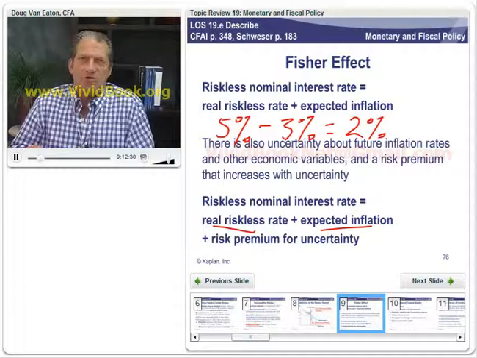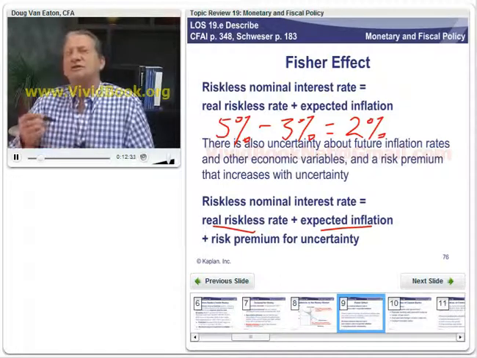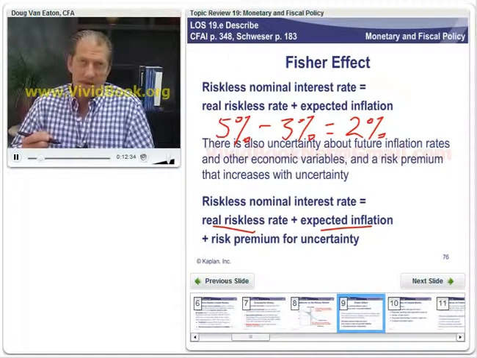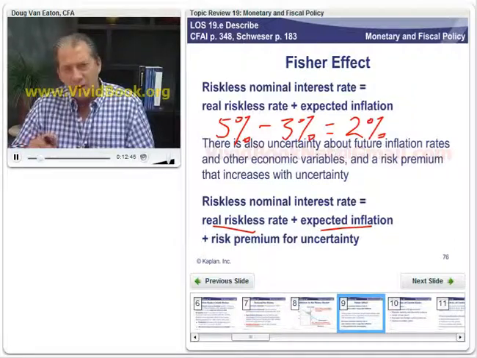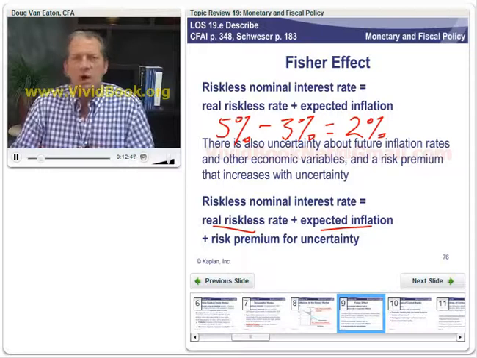Purchasing power risk. Uncertainty about how much stuff you're going to be able to get at the end of the period, or how much more stuff you'll be able to get at the end of the period. And so we add a risk premium on that for uncertainty. And we don't deal with this too much at level 1, but just something you should be aware of.